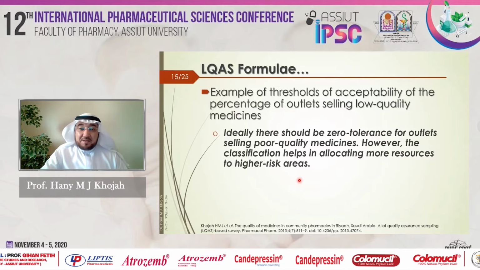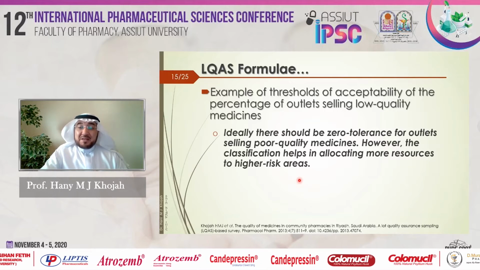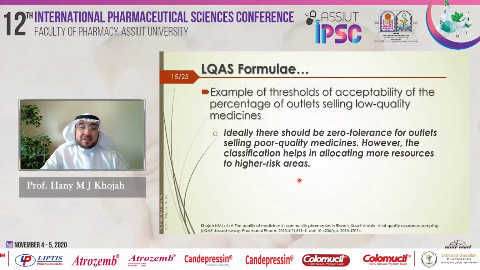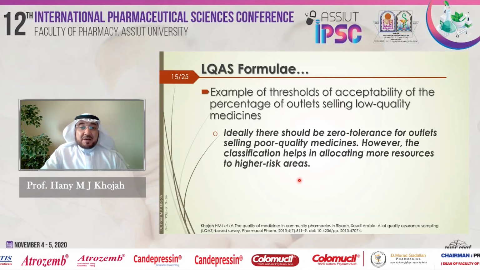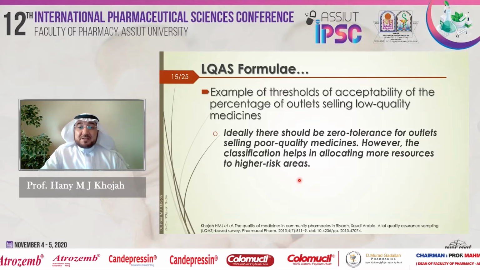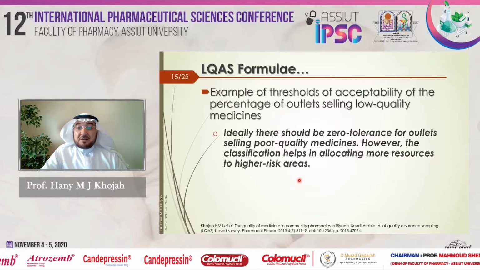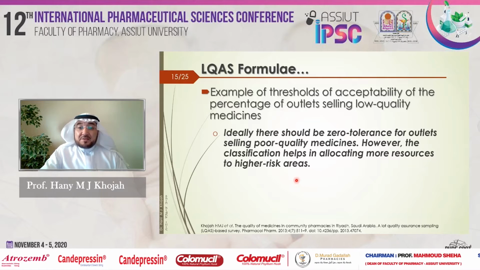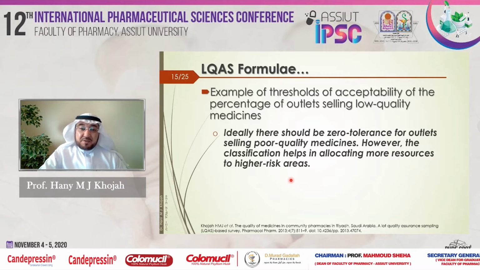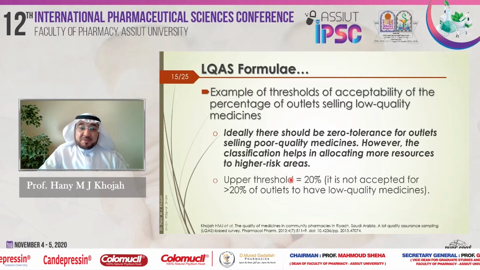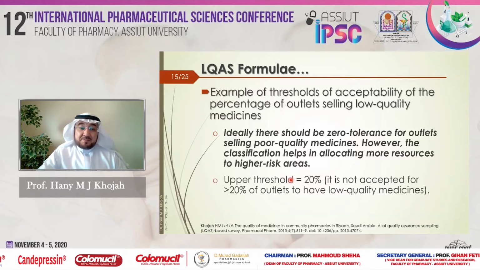So there should always be zero tolerance. But in fact, even in developed countries, even in the United States, in Europe, everywhere, counterfeit medicines were discovered even in the supply chain in these countries. So we always expect to see a certain percentage of outlets or pharmacies that sell low quality medicine.